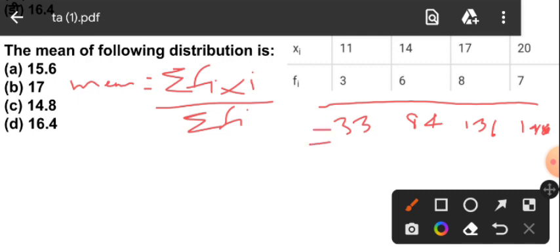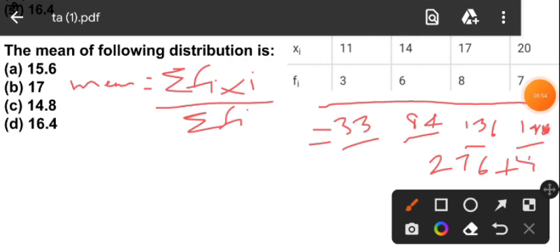The sum of fi xi is equal to 136, and 136 plus 140 will be 276. 276 plus 84 plus 33 is 117.